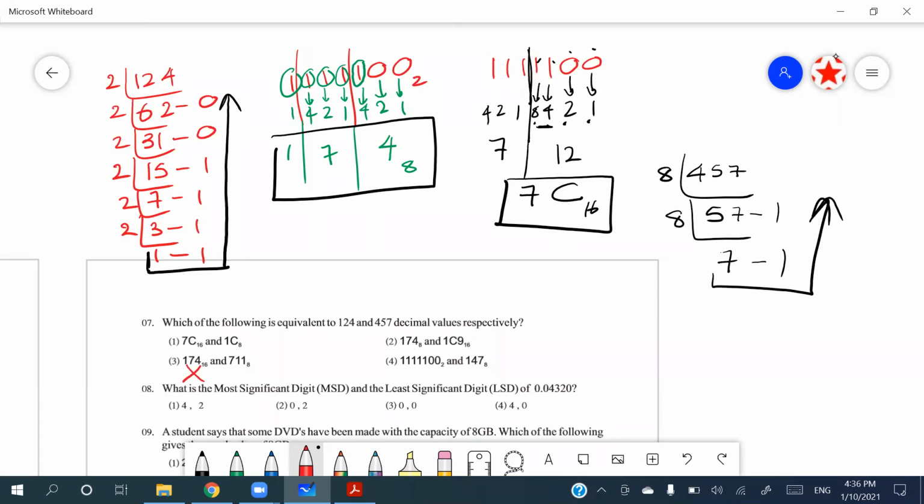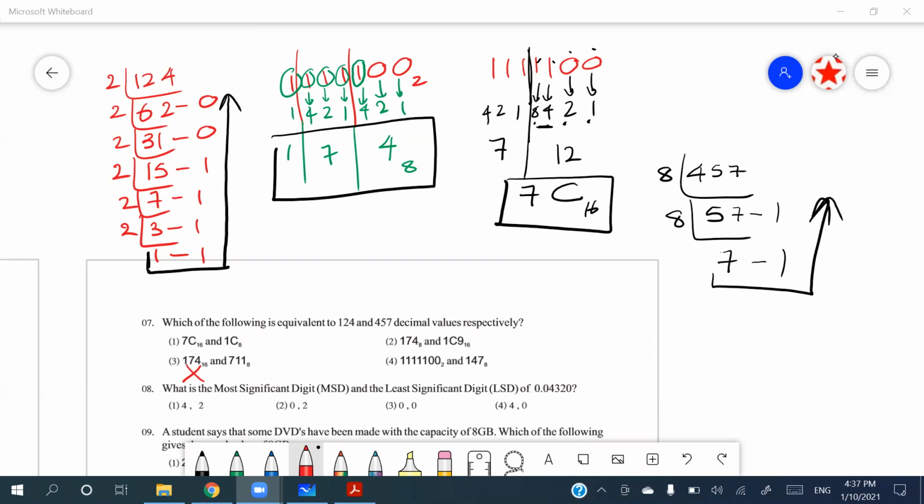And when it comes to the hexadecimal, 174 hexadecimal is wrong.